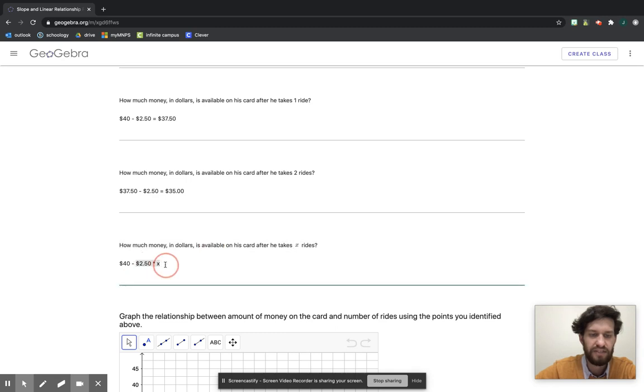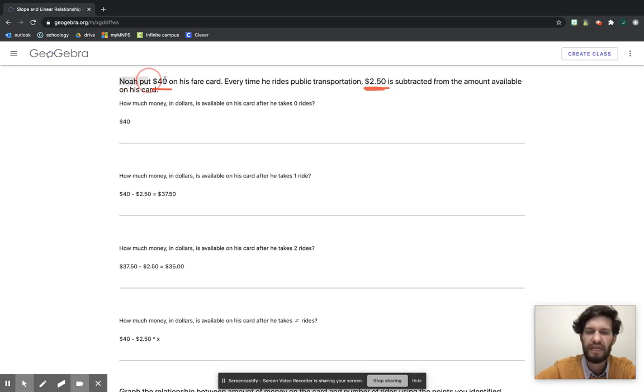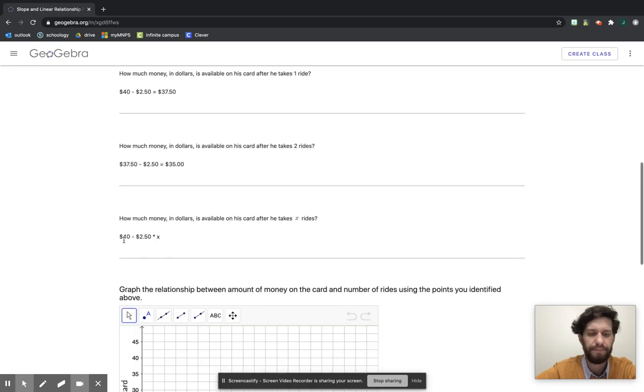So we can multiply $2.50 times X and subtract that whole value from 40, from our starting value, the number that he put on his fare card before he ever rode a single time.